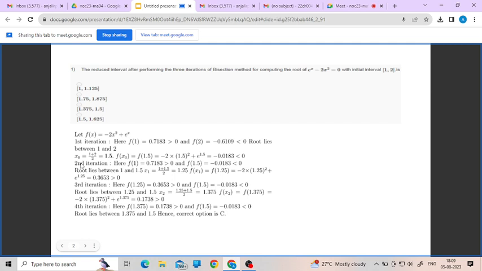Now we had f(1) positive and f(2) negative. Now we have 1.5 at which the function value is negative. So we will replace 2 by 1.5. That is the new interval that we get in the first iteration, that is 1 to 1.5. Fine. Now for the second iteration we will consider f(1) and f(1.5). Again the root will lie between 1 and 1.5.